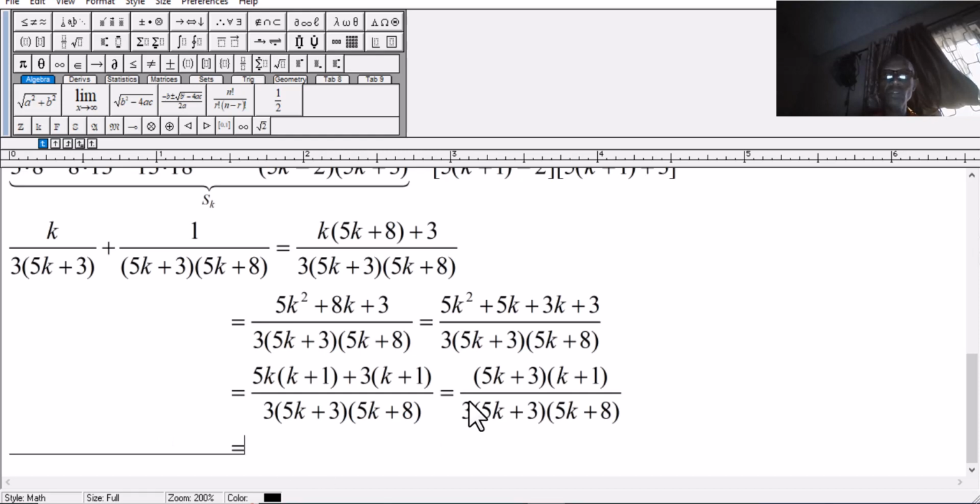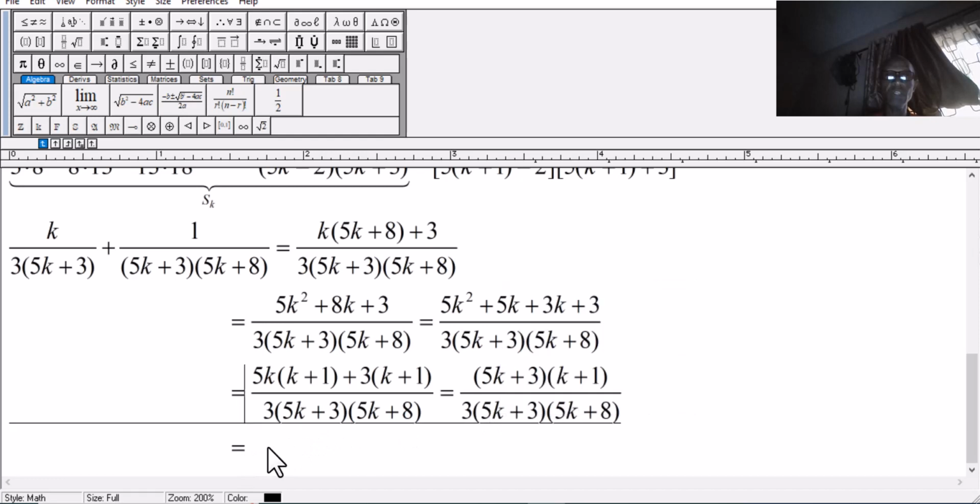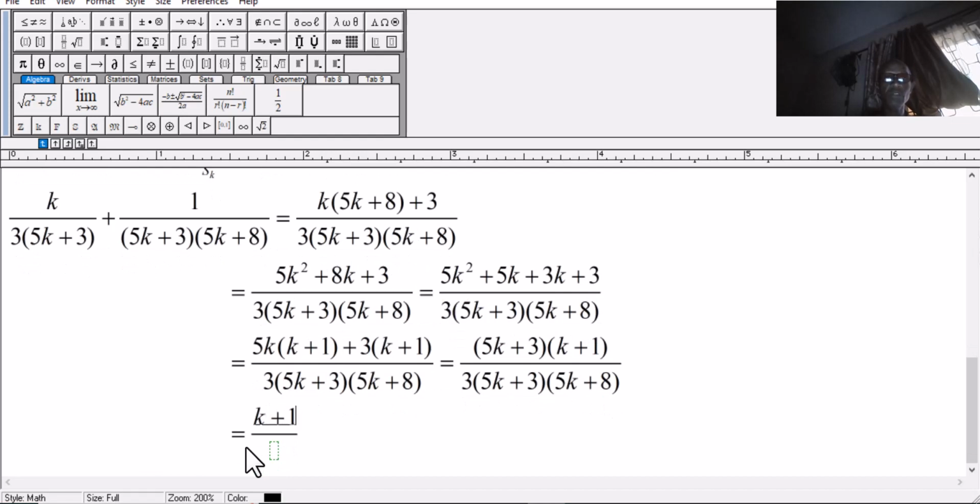So we cancel out this. We cancel out this one. So what we have at the end of the day there is k plus 1, let me put it in parentheses, over 3 into 5k plus 8.